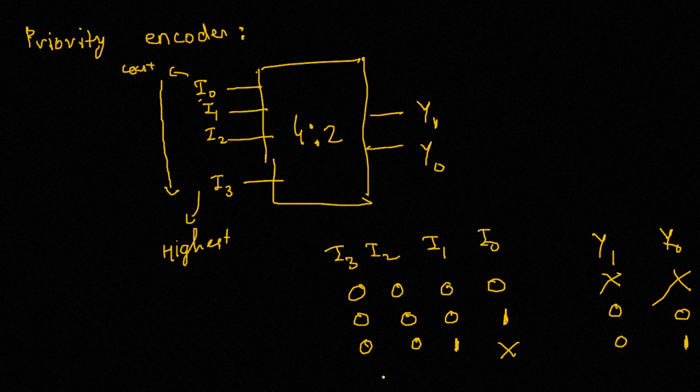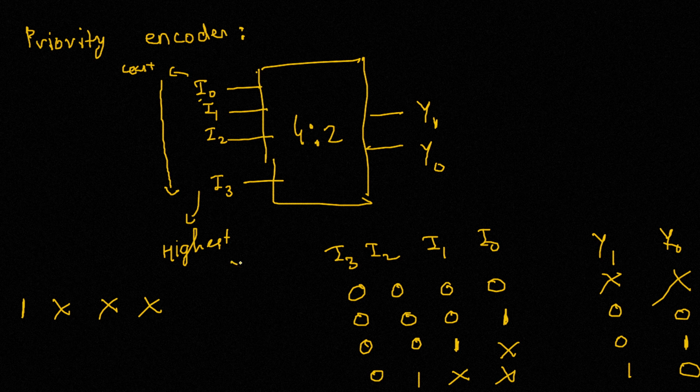And then similarly, if we have 1 at I2, then we don't care about the values of I1 and I0 either. This gives us 1, 0. Then if I3 is 1, we don't care about the values of I2, I1 or I0.